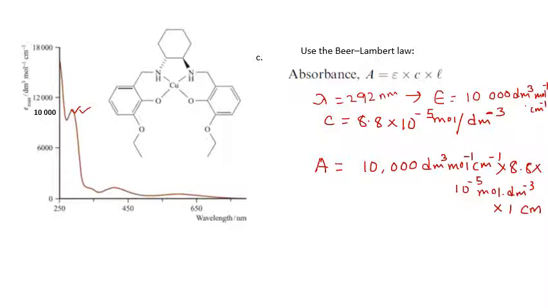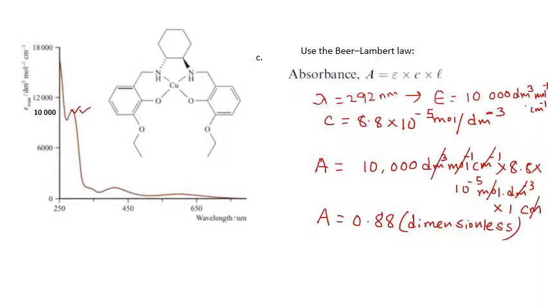So you can cancel all these units, decimeter cube, mole inverse, and centimeter inverse. So the absorption will come out 0.88. So it is dimensionless.